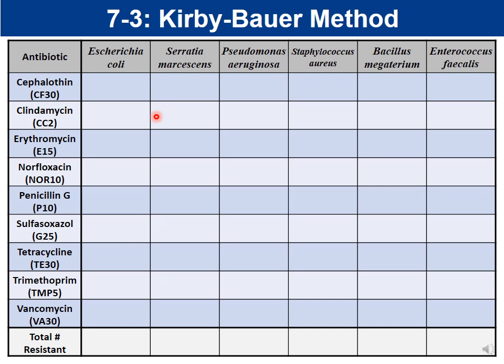If multiple different bacteria are sensitive to a drug, let's say, for example, norfloxacin, which had sensitivity almost all the way across except Pseudomonas. If we saw sensitivity to both gram-positive and gram-negative, then you would say that drug is broad spectrum.